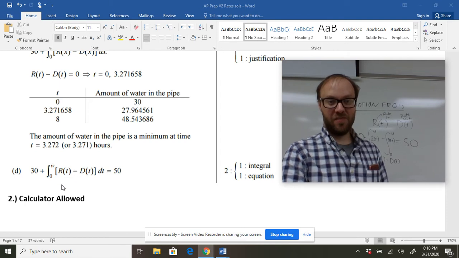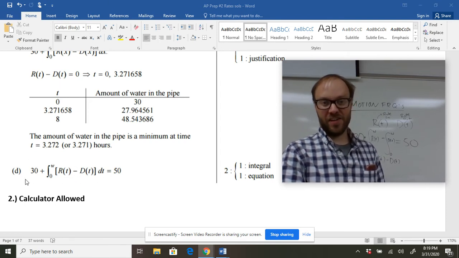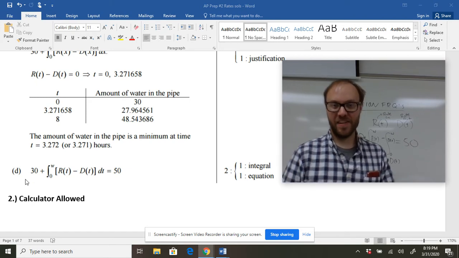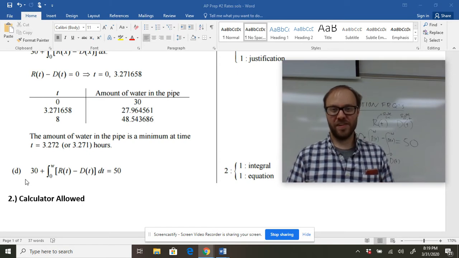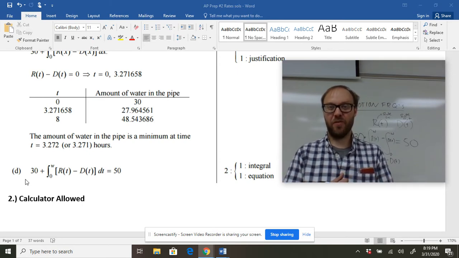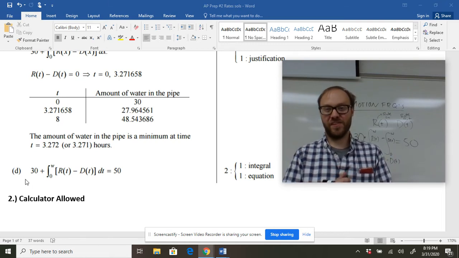So how much has come in over 6 hours, and how much has left over 6 hours, plus how much was in there originally. And obviously, if you had the original functions, if there were things that you could integrate, you could possibly try to solve these equations. But these are really complicated calculator questions. So a lot of times when the functions are really complicated, they just are going to ask you for the setup. So good stuff.